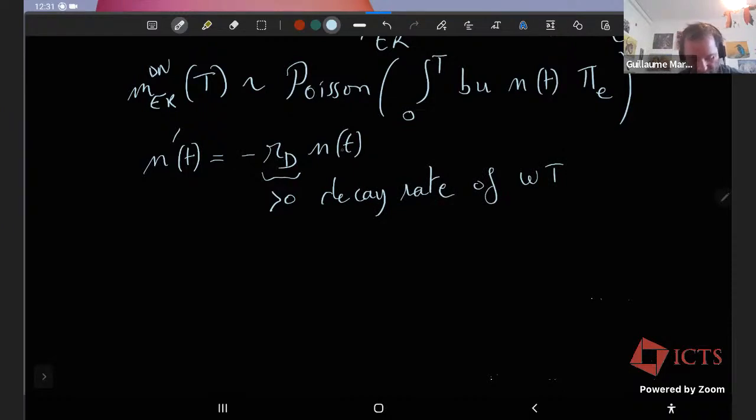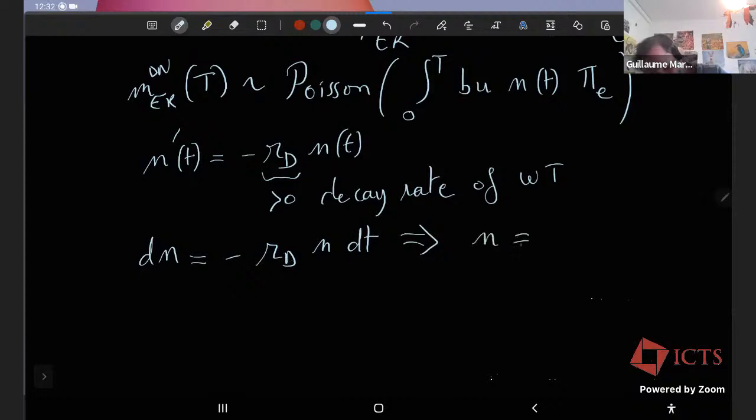So you have N of t equals N0 e to the minus r_d t. And if you compute that, you will see that the integral has a given value. There is a trick to compute it quite simply, as a memory aid. It's not very rigorous, but it's useful. You say that dN equals minus r_d N dt, and that means that if you put this on the other side, you have N equals minus dN dt over r.